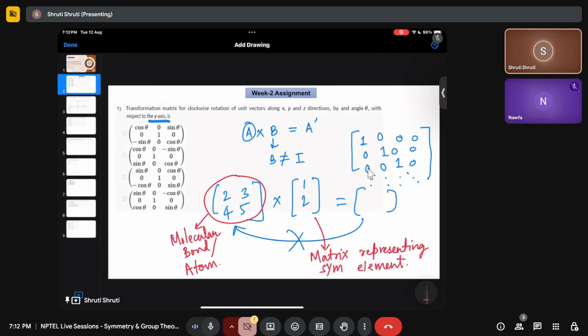When you multiply these two, your molecular bonds or the atoms will change their places in the matrix, or the values can also get changed. So what we are doing here is applying this symmetry element on these atoms or the bonds, without imagining things or graphical things. We are doing things mathematically now.